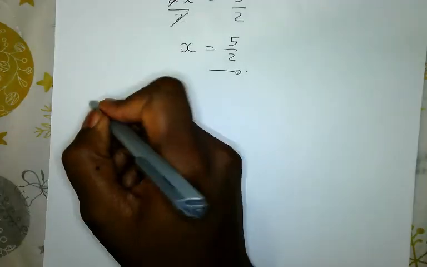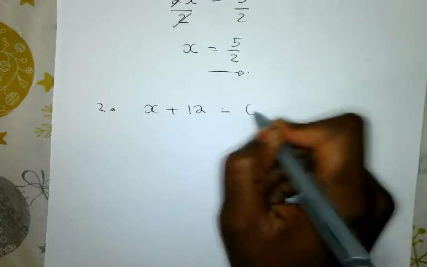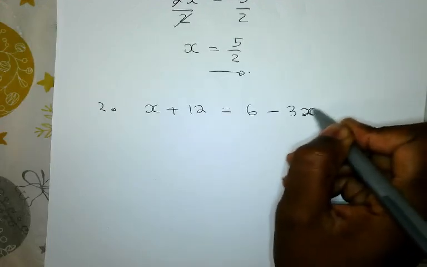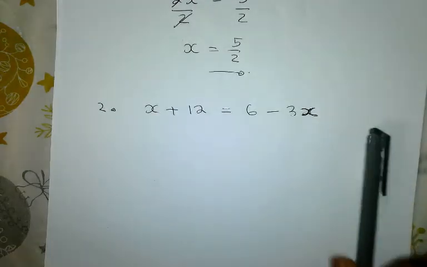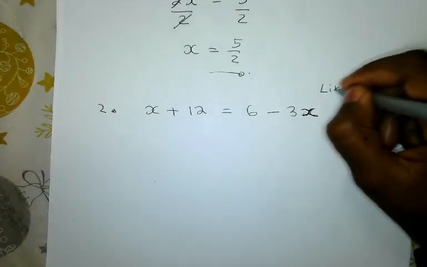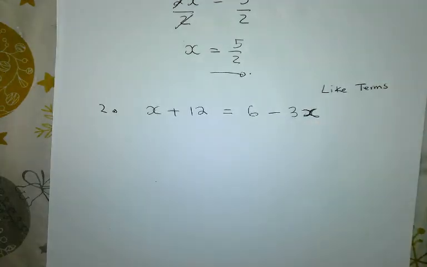Let me choose 2 more questions on this and then we go to something else. x plus 2 equals 6 minus 3x. So here, what are we going to do? We're going to move all the like terms to one side. You still remember what we did when we spoke about like terms.